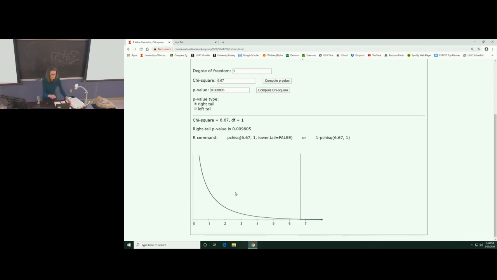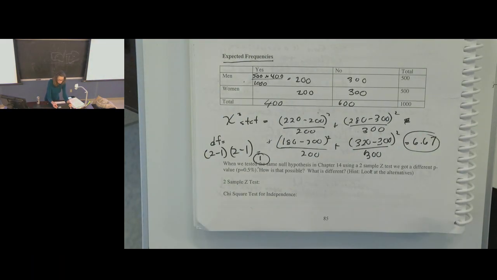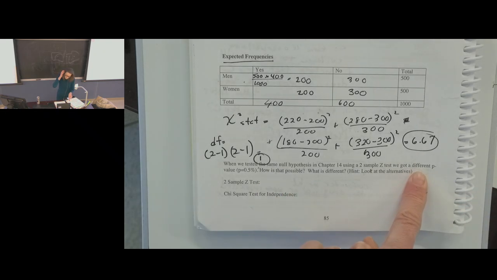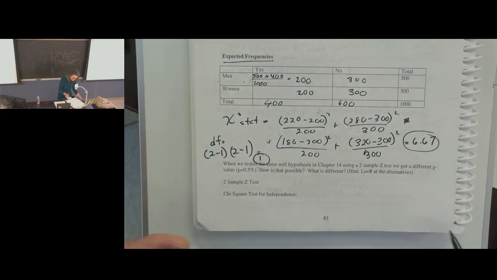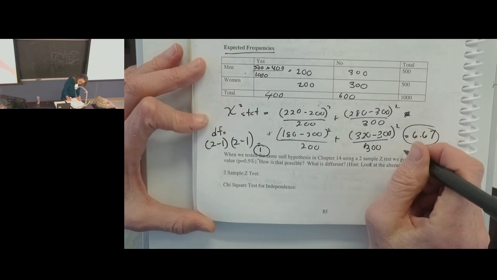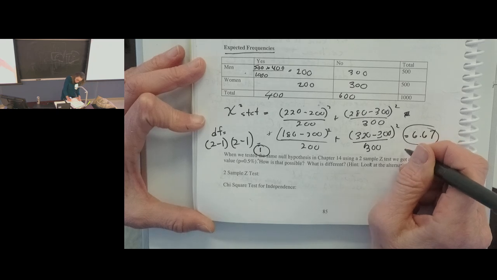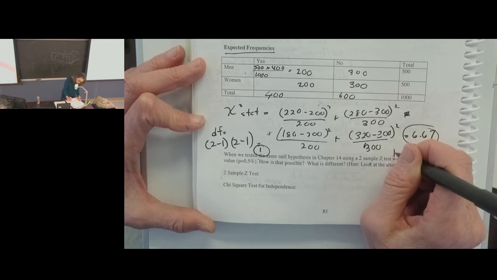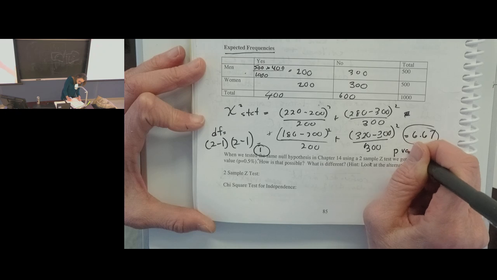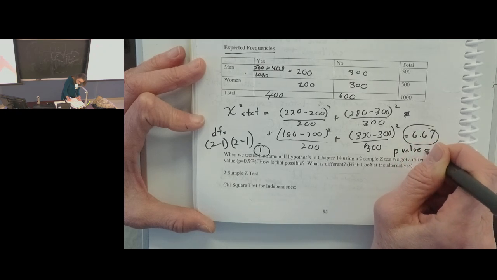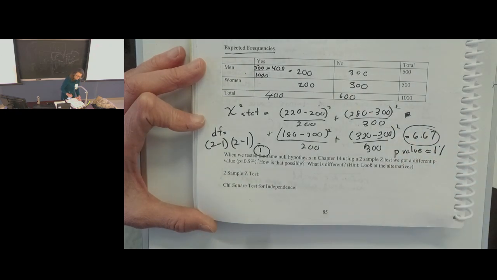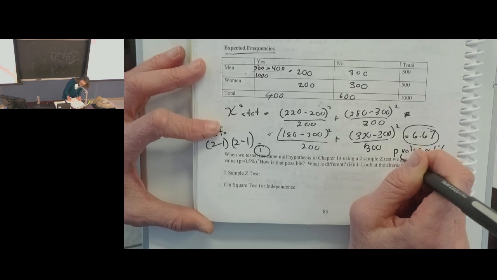So let's go back to our document camera and write that down. All right, so right here, we'll say the p-value. So the p-value is, and how do we get that from the calculator?